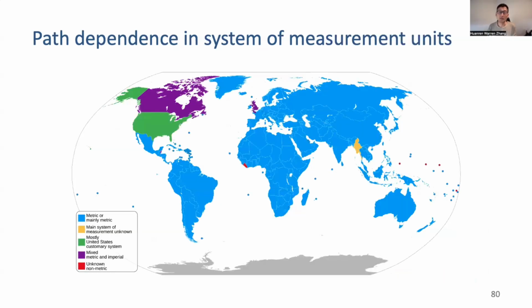And also the measurement unit. In the United States, it has this so-called imperial or customary system. That's why when you read some American textbooks, the units are not in meters.